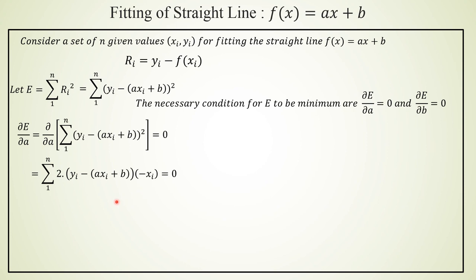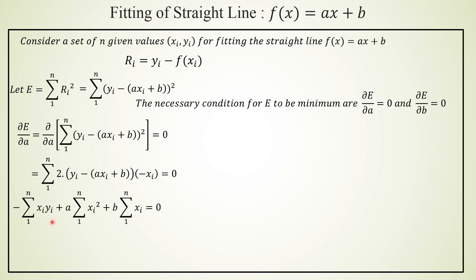Now just multiply the terms inside the brackets and simplify so that the equation reduces to the form minus summation of xi yi plus a into summation of xi square plus b into summation of xi, where i is varying from 1 to n.